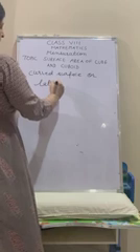And next is curved surface area or lateral surface area of a cuboid and cube. We write the short form CSA, curved surface area.